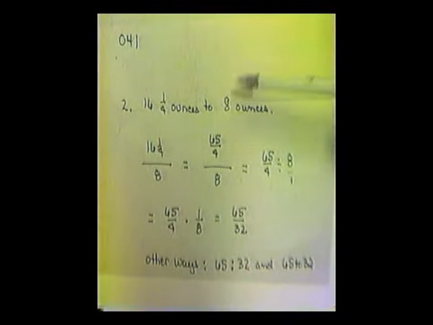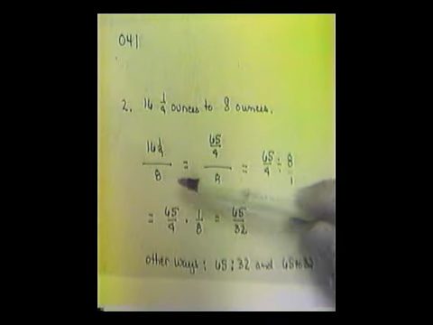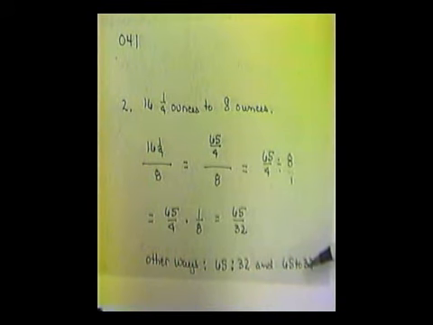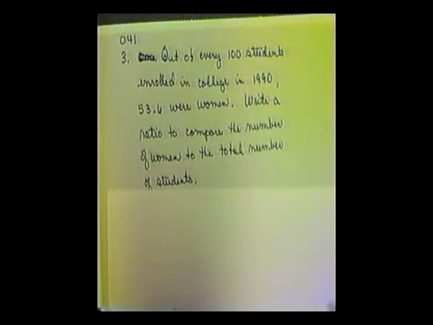Remember, every time we write a ratio, we're going to write it as a fraction first, and then do the arithmetic that's involved. Our third example is going to be in words. And it says that out of every 100 students enrolled in college in 1990, 53.6 were women.